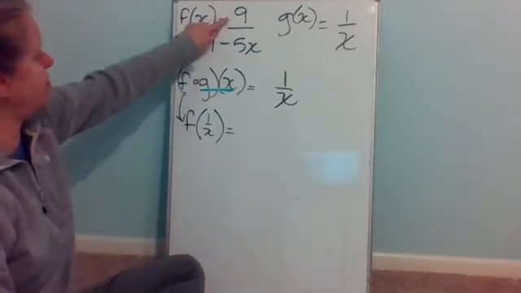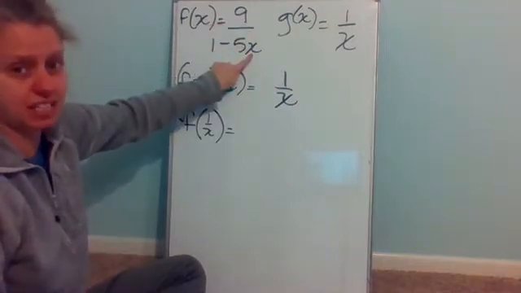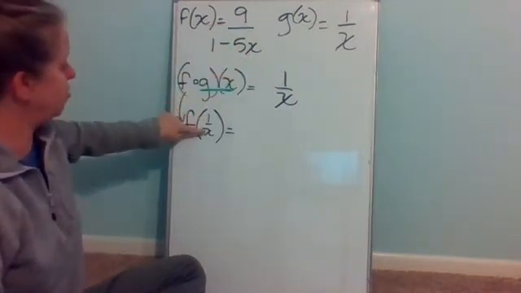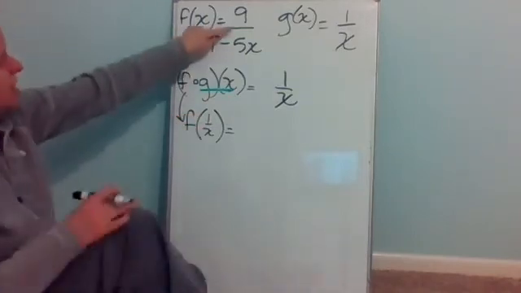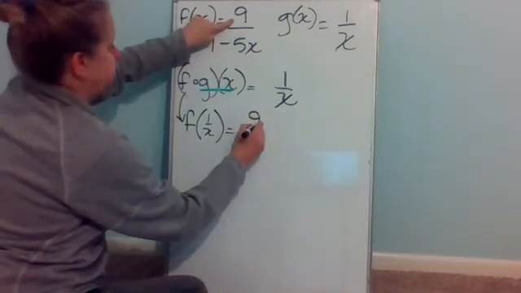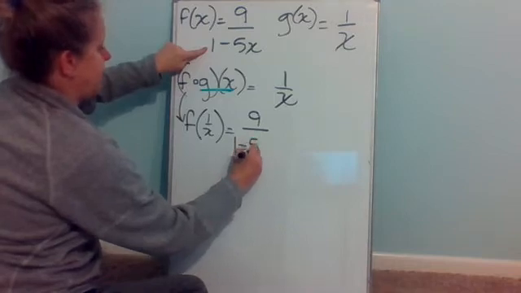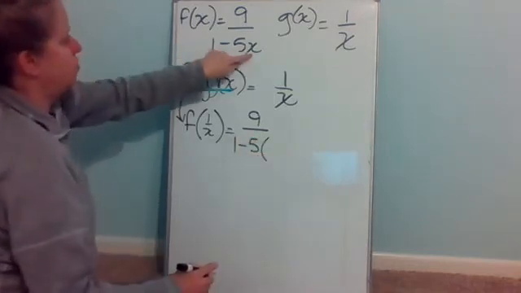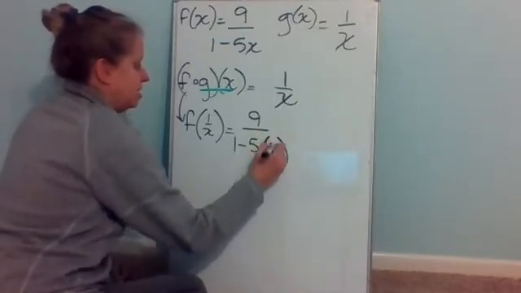you're going to go to your f function, and wherever you see an x, you're going to replace it with a 1 over x. Okay, so let's see. I'm going to replace this x with 1 over x. So I've got 9 over 1 minus 5 times, replacing this x with 1 over x.